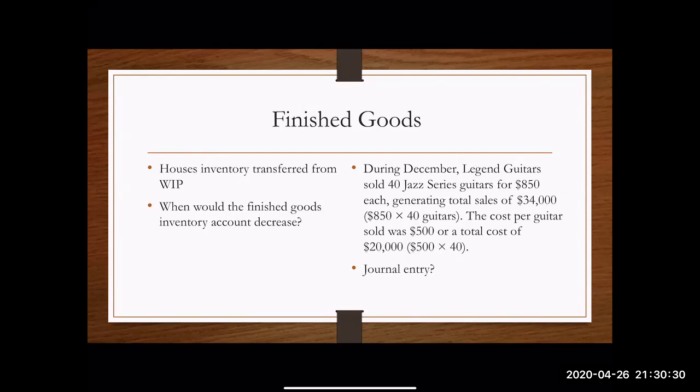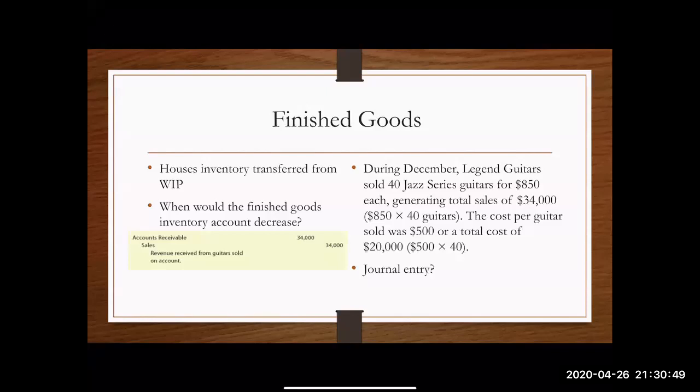So let's take, for example, during December, Legend Guitars sold 40 jazz guitars for $850 each, generating sales of $34,000. So they're showing you how they got that. And then the total cost per guitar was $500, or a total cost of $20,000.